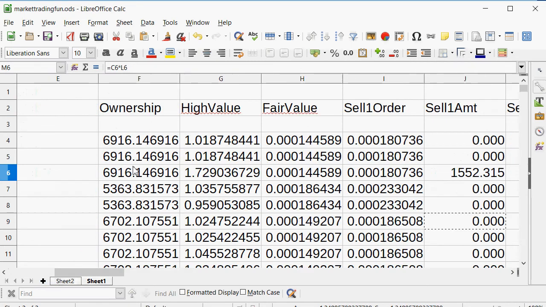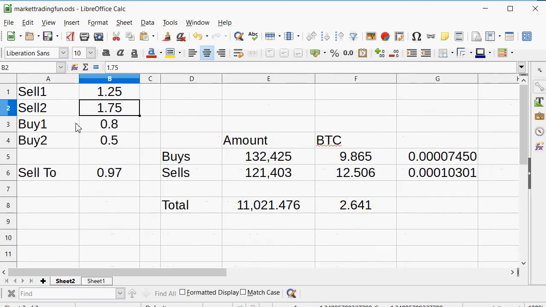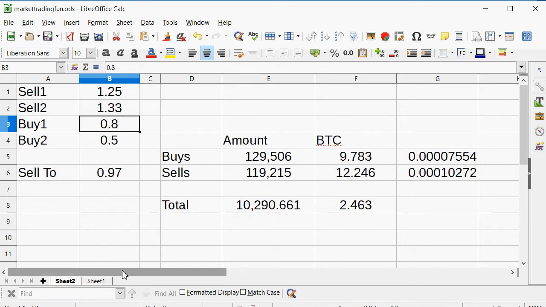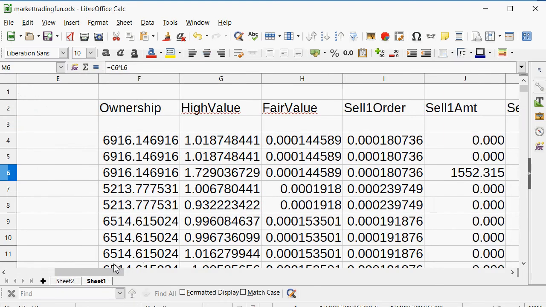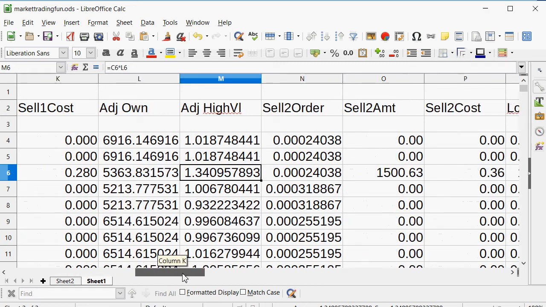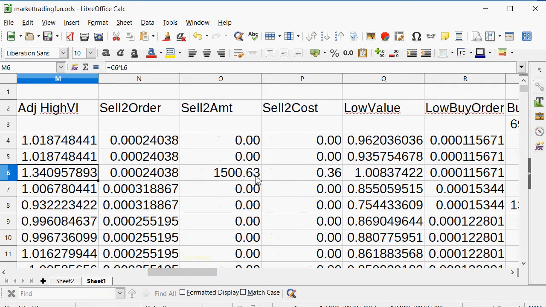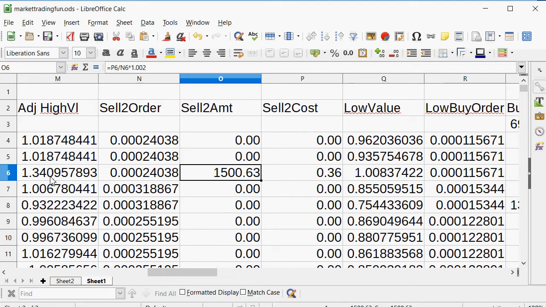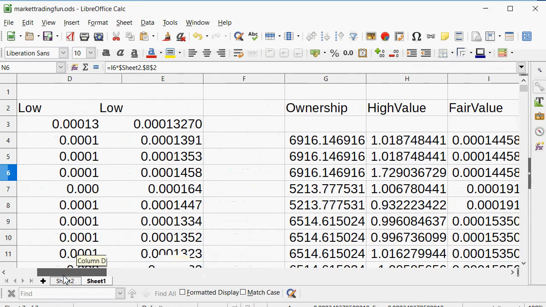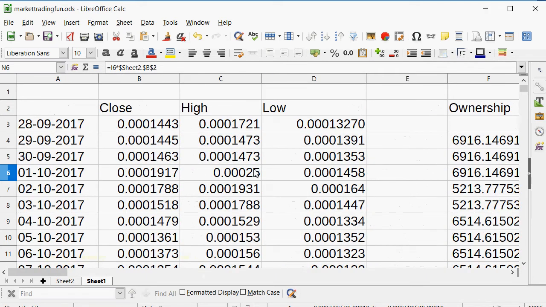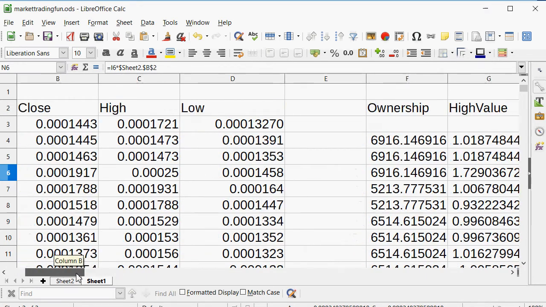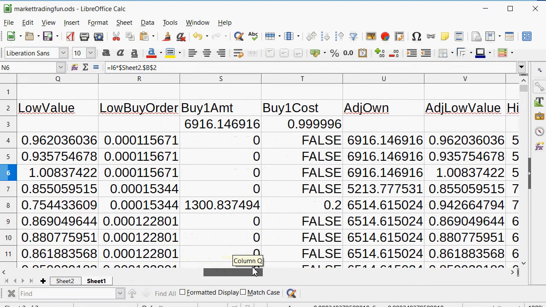Now, if I put in, say, 1.33, then now all of a sudden it would happen because the number would have hit 24,038 and the high was 25,000. So it would have been good enough, of course, to make the transaction.